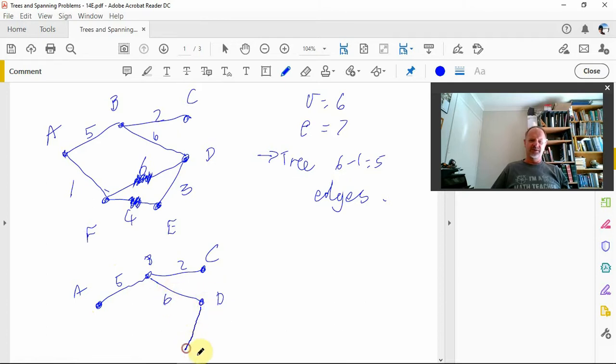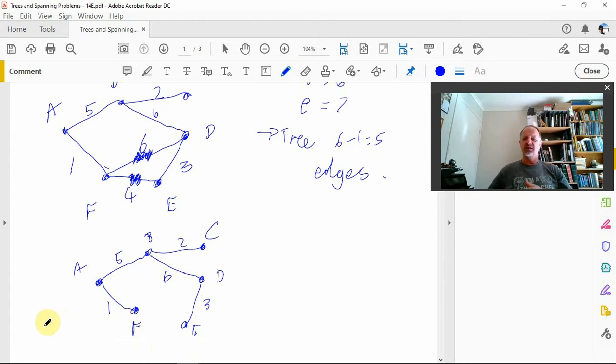And then from D, I go to E, which is 3. And from A I go to F, which is 1. All right, so that there is a tree. And as you see, if you look at the notes on the website, that's a different tree than the one I've got in the notes. Doesn't matter.